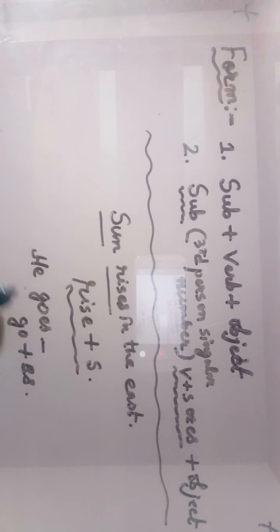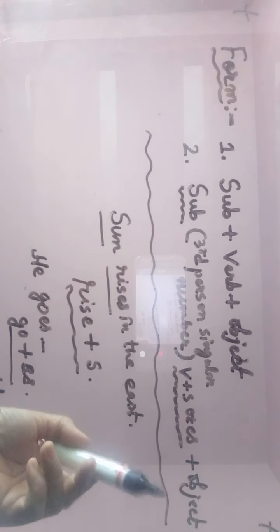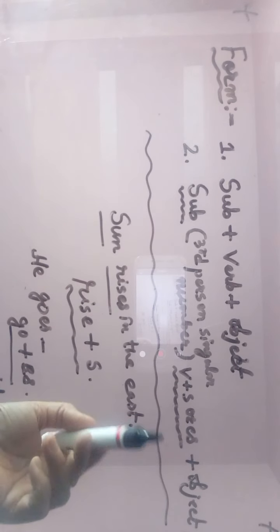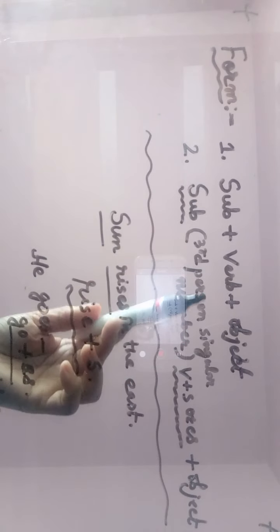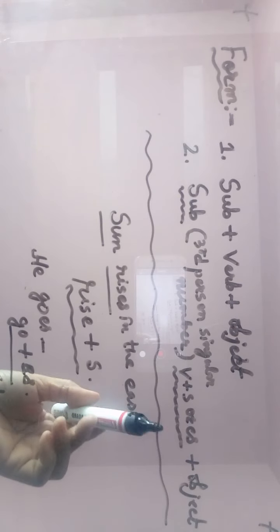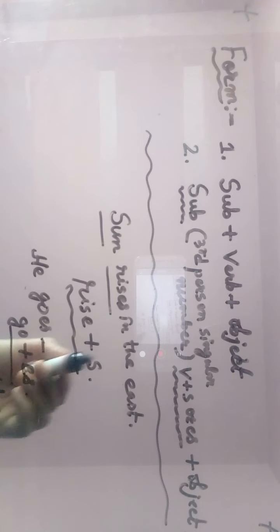It is he goes. Go es, then it becomes goes. Meena writes, W-R-I-T-E-S. You see here, Meena is third person. So after the third person, verb plus s or es, then the object. So here, according to the second formula. The first formula does not require putting s or es. This is the formula of writing the sentences in present indefinite tense.